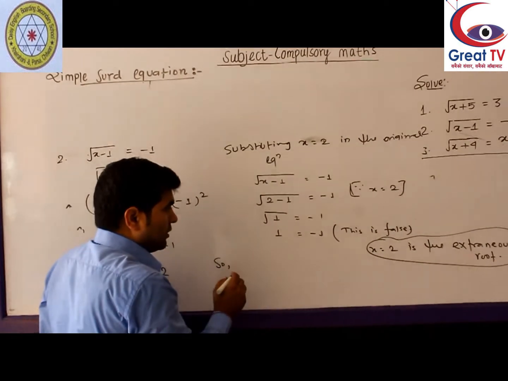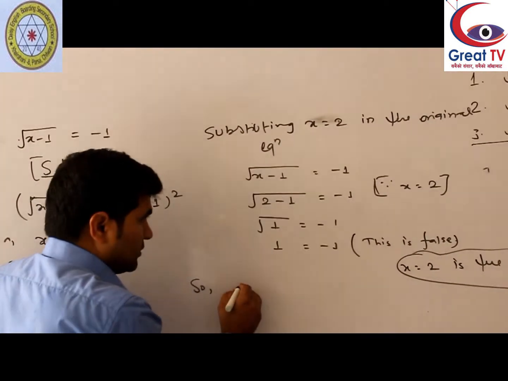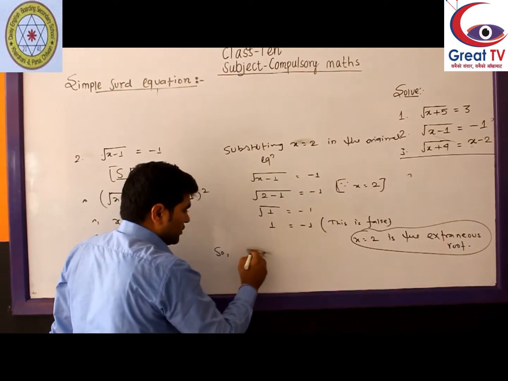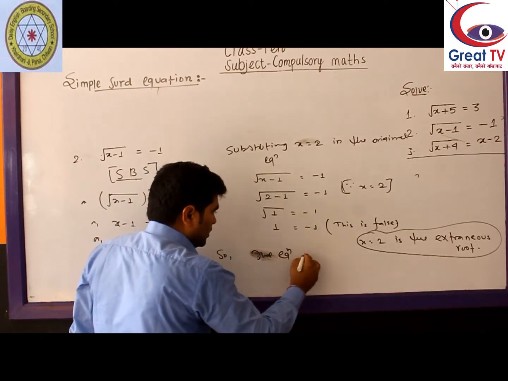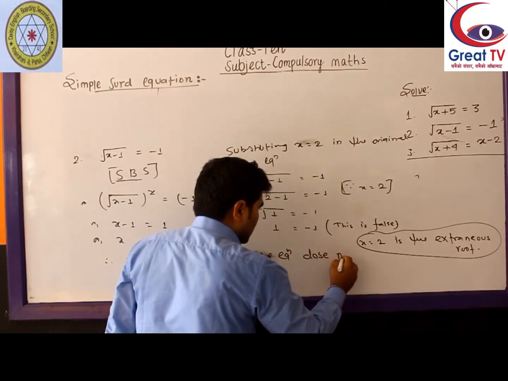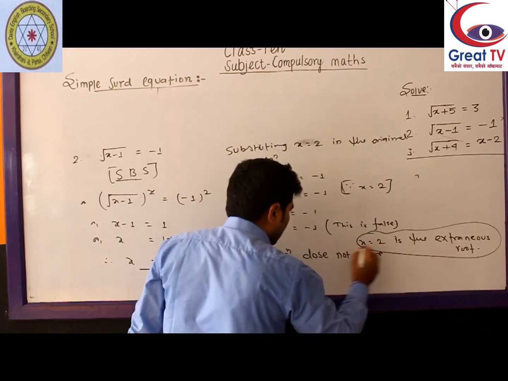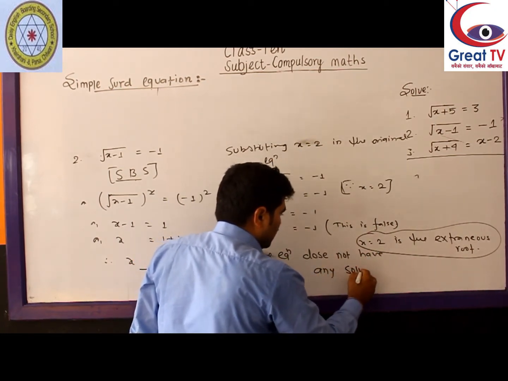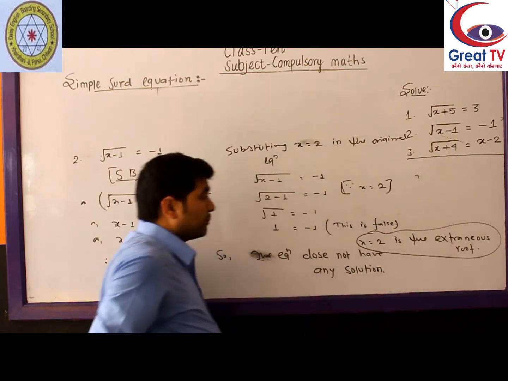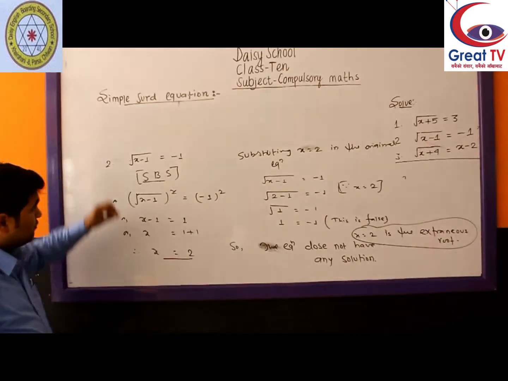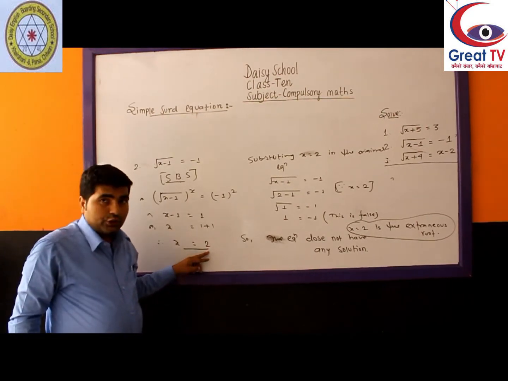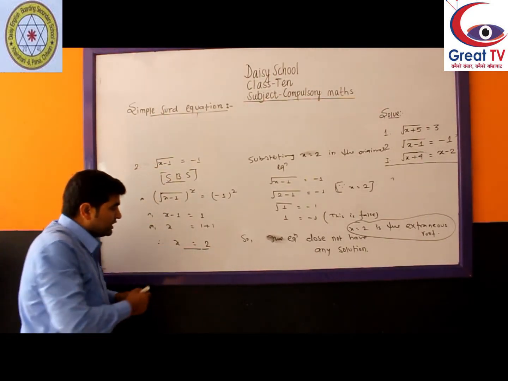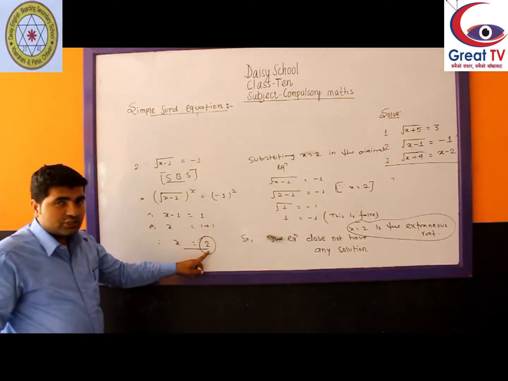So the equation does not have any solution. For instance, if by solving we get the value of x equal to 2, is this 2 a perfect solution or an extraneous solution?